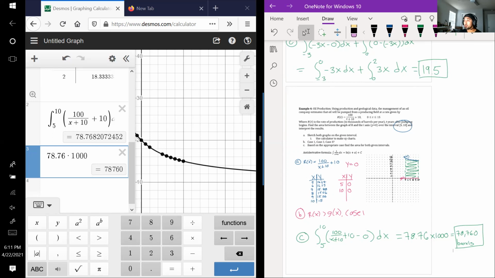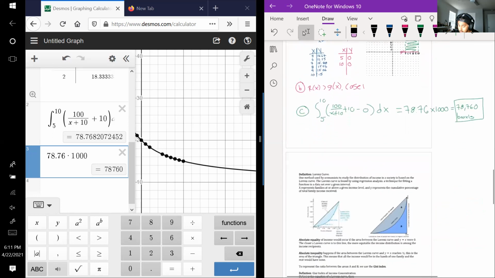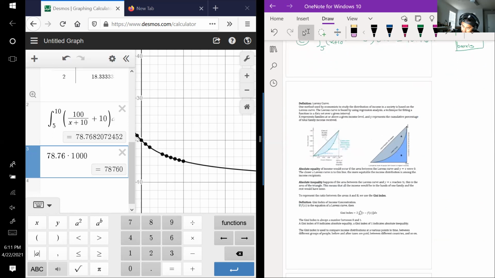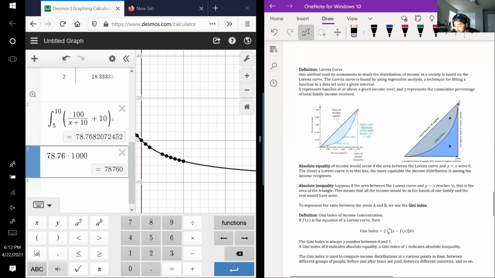Okay, so those are the examples for area between two curves. And we'll get into one last definition here called the Lorenz curve. And it's actually pretty cool. It talks about income equality and inequality in certain groups, certain countries, anything like that.